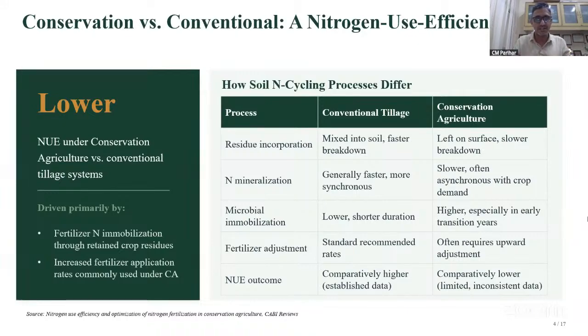Some other things, like microbial immobilization. In conventional tillage, the soil is in a perfectly tilled condition, but here the roots remain intact. Root channels will also be there. Residue is also there.